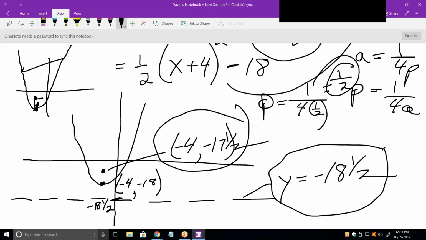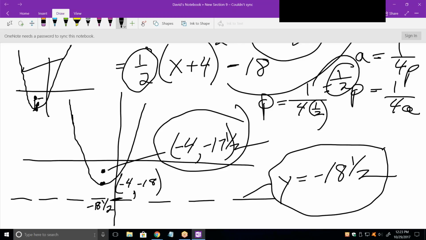What else did they want to know? That's it. I think we did it. Notice they didn't even make us graph this properly. In other words, I guessed a little bit on the graph. The only information I had was the vertex and the shrink factor, 1/2.